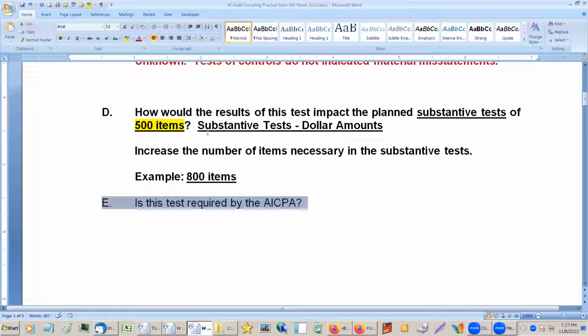Is this test required by the ACCT330? Well, actually, it's tricky.